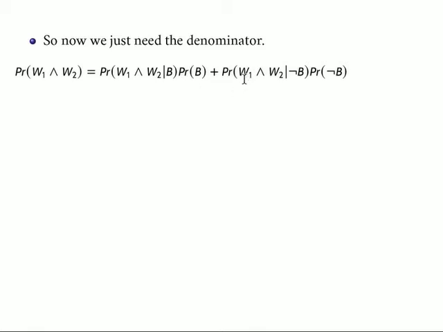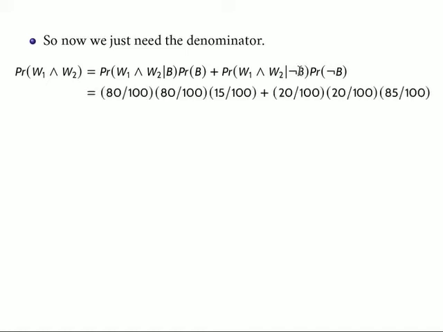And then we add the conditional probability of the witnesses saying it was blue, given that it's not blue, times the unconditional probability that it's not blue. So we consider not just the case where the cab was blue, but we also have to think about the reliability of the witnesses in the case where the hypothesis under consideration is false.